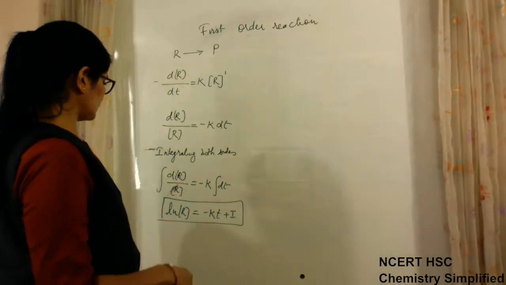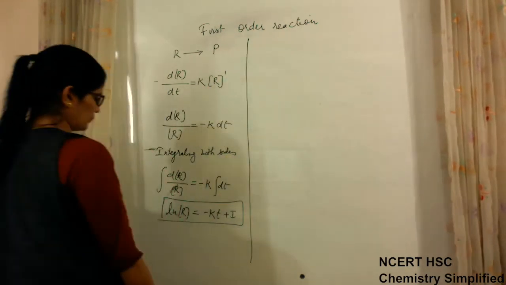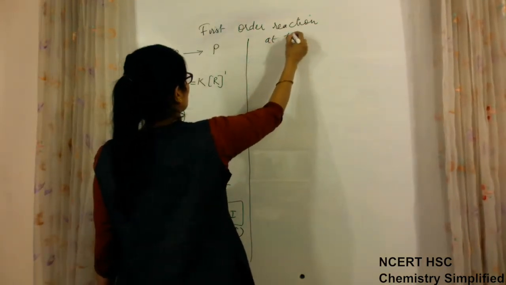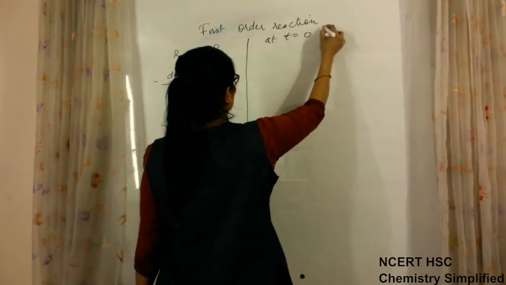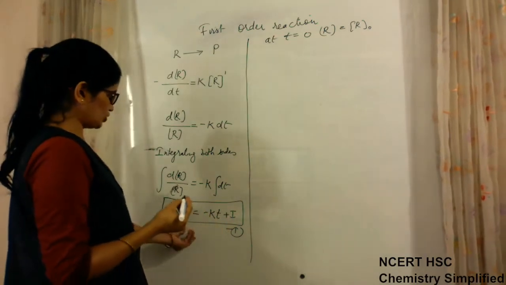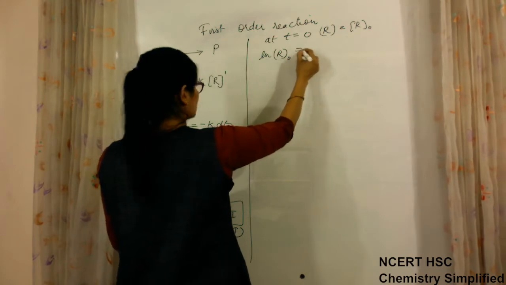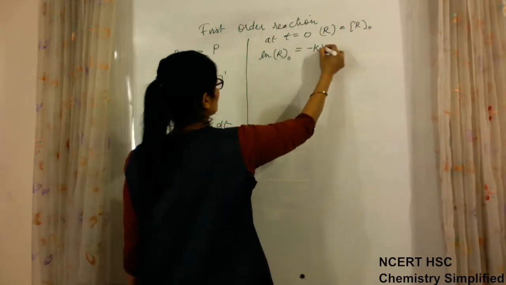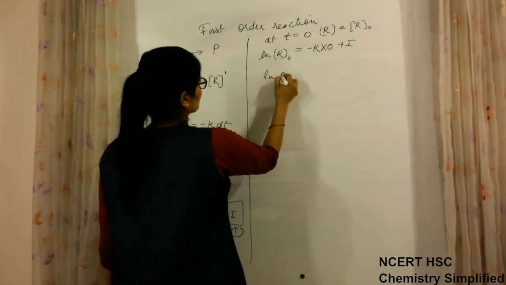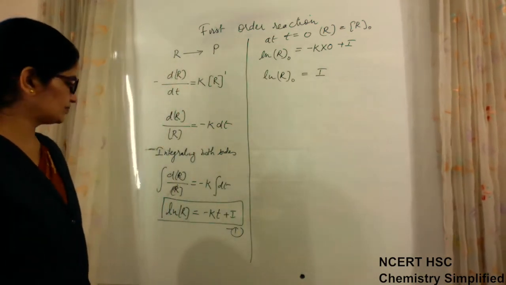Again the same thing which we had done for zero order reaction we'll do. This is equation number 1. At t is equal to 0, concentration of R is equal to R naught. So putting in equation number 1, ln R naught is equal to minus K into time t, which is 0, plus I. So I is equal to ln R naught.